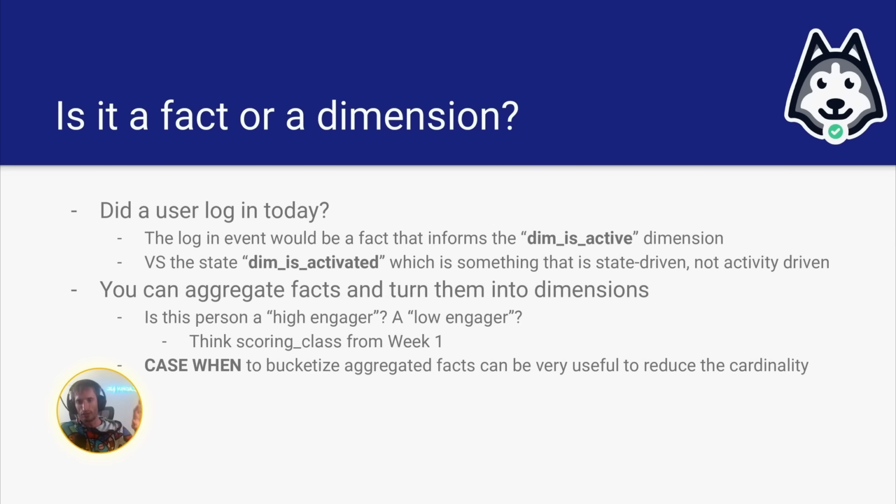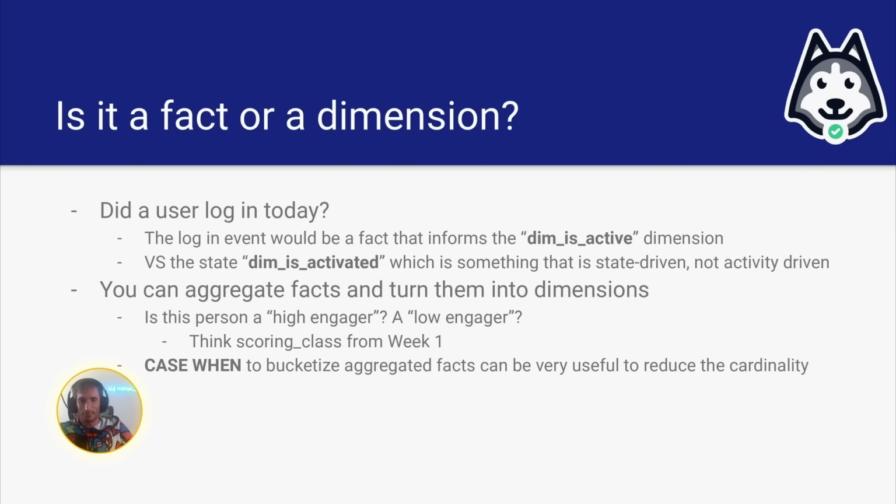So if the dimension is based on an event, like they liked or commented or shared something, is that really a dimension at that point, or is it just an aggregation of facts? That's what I'm trying to illustrate to y'all: it's both. And that's where this whole modeling exercise can get really dicey.